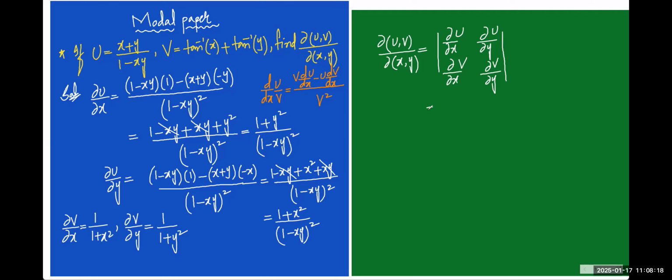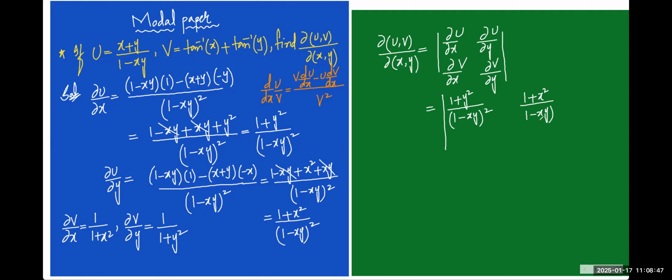After that, we should take all these values and put them under the determinant. What is the first row answer? 1 plus y square divided by 1 minus xy whole square, and the differentiation with respect to y we get 1 plus x square divided by 1 minus xy whole square.